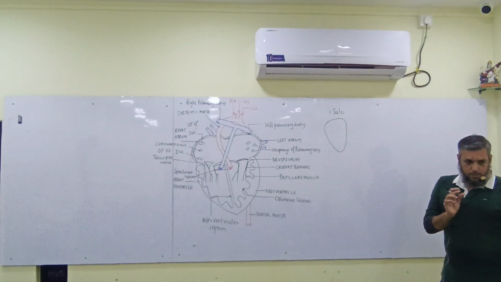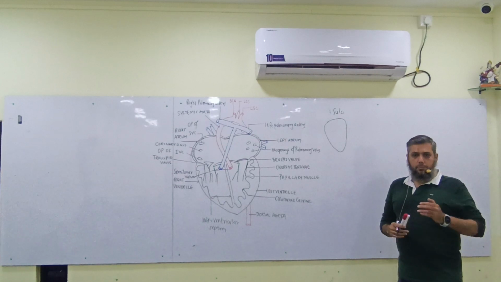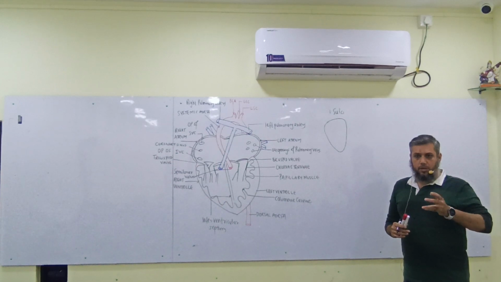Some prominent sulci, the main ones, help us to create the boundaries between the parts of the heart.